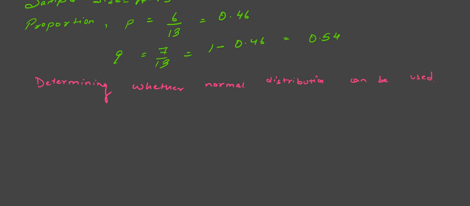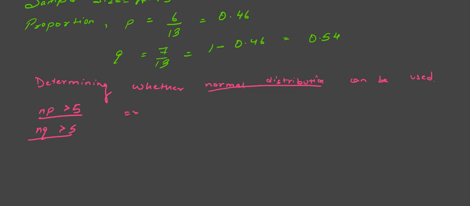We have a general form of finding this. We need to find the values of np and nq and check whether they are both greater than 5 or less than 5. If both of them have a value greater than 5, then we can directly solve this sum using the normal distribution.